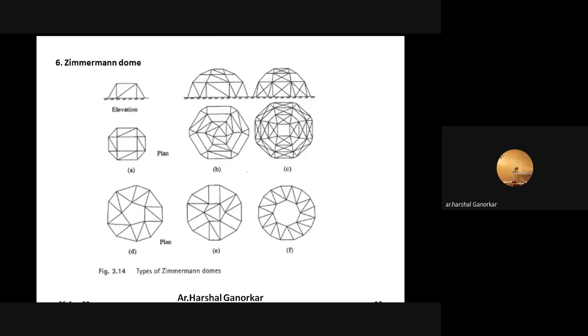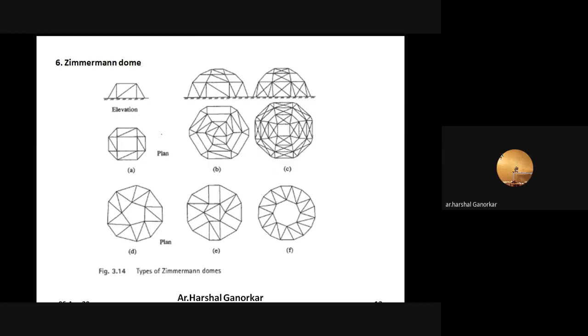Then again, Zimmerman dome. Now this Zimmerman dome is made for height or vertical elevation. When you have a dome over walls which are high, there will be extra pressure, or air pressure acting over the dome, and in that case there are chances of failure of the dome.